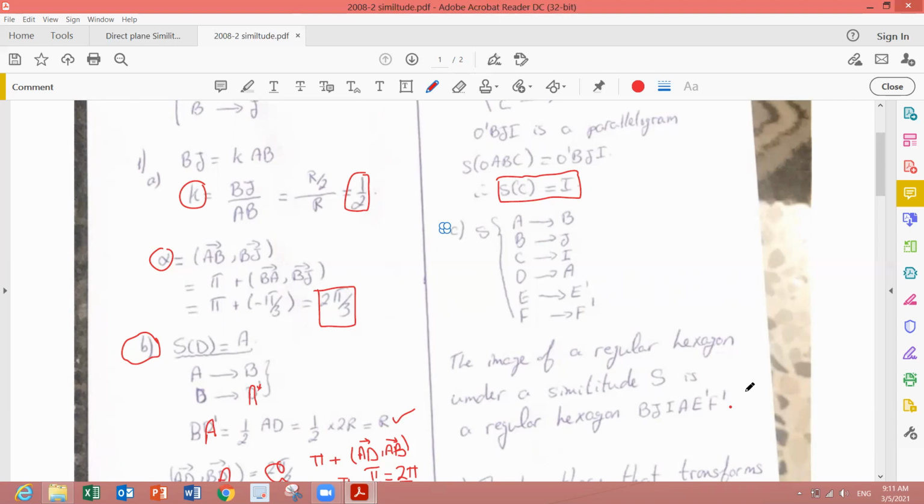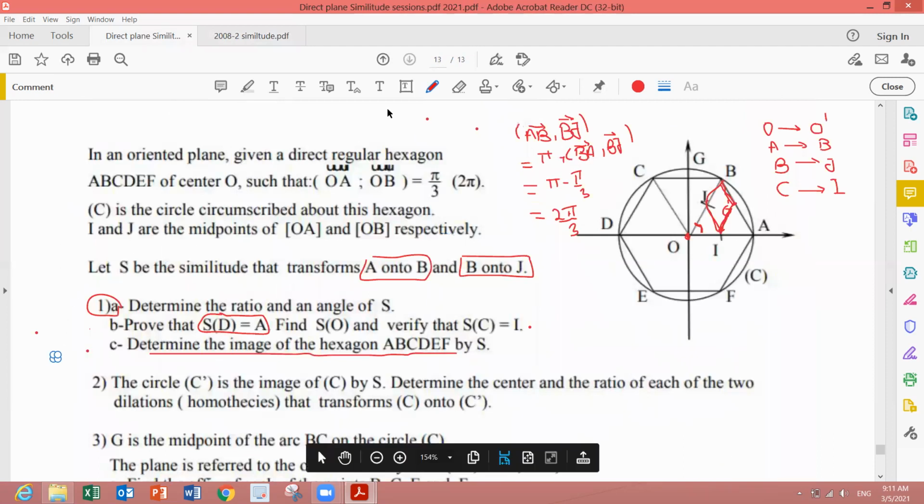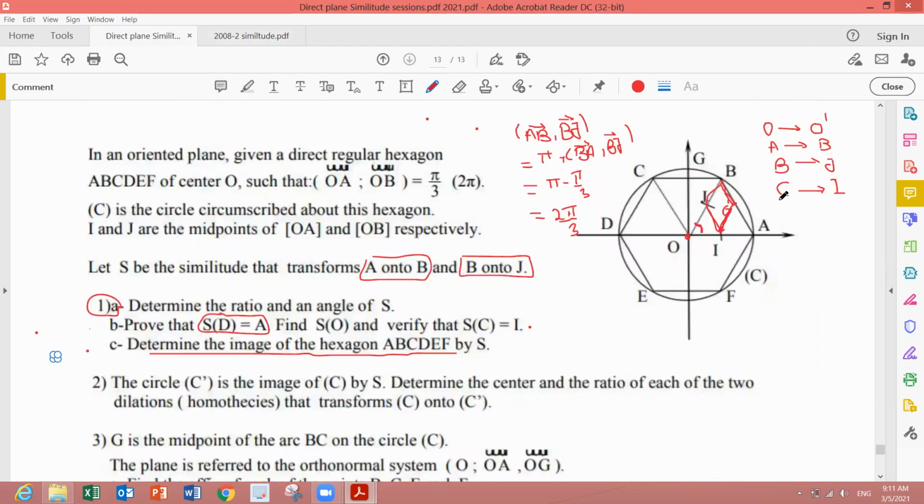We don't need to find the images of E and F. You can draw if you want. Who are the hexagon's vertices? B, J, I, A. You complete the hexagon. B J I A, this one like that, and this one like that.